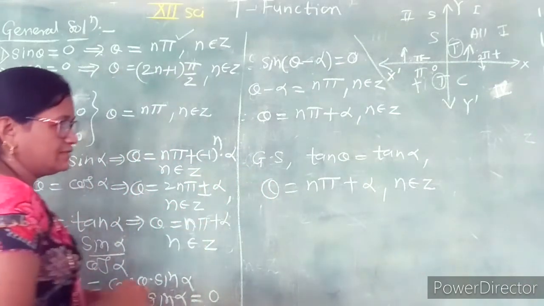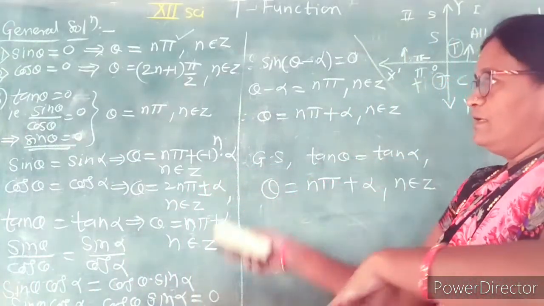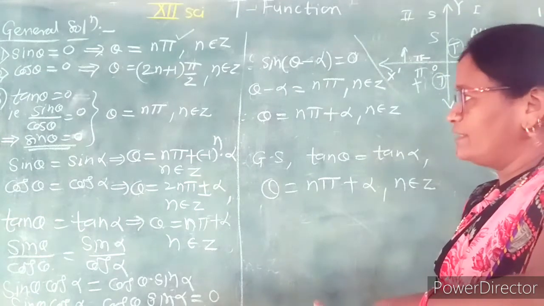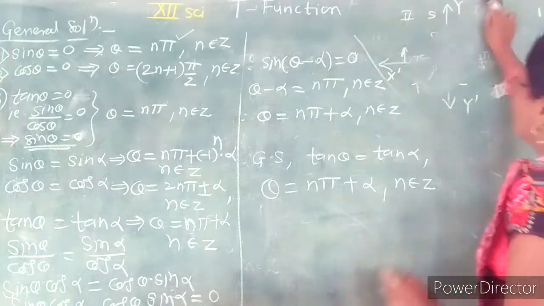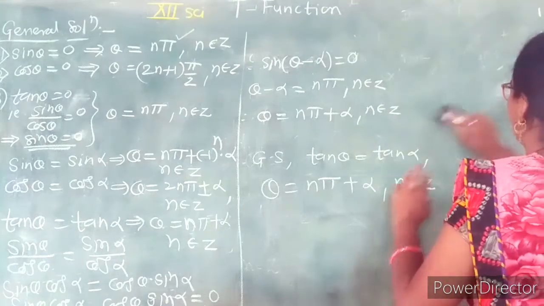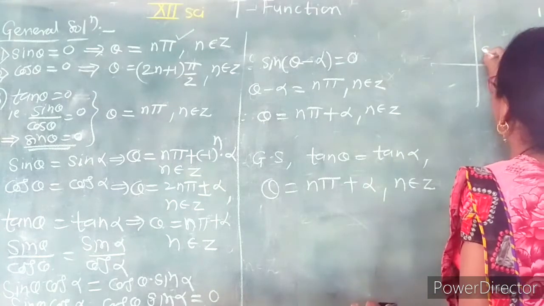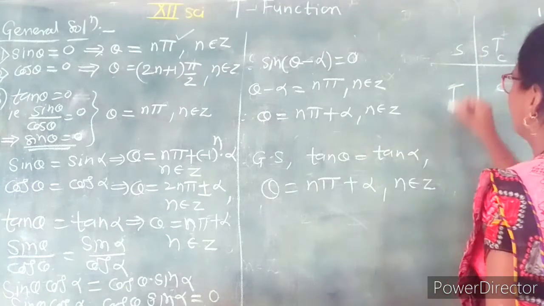So one by one we take the solution for trigonometric equations, and for this we take all these trigonometric ratios as positive according to the ASTC rule. You may remember the trigonometric ratios in short: all positive, sin positive, tan positive, cos positive.